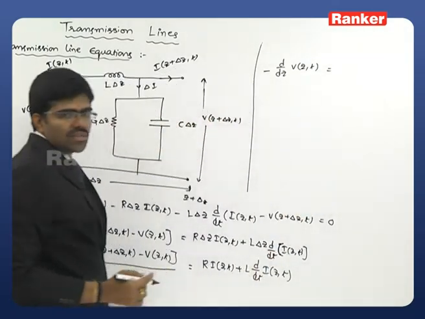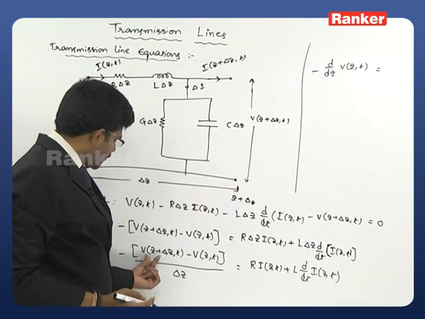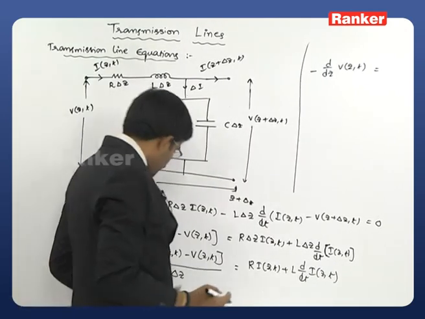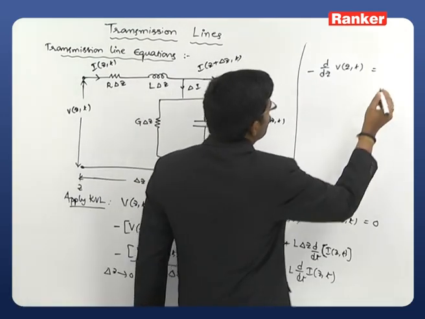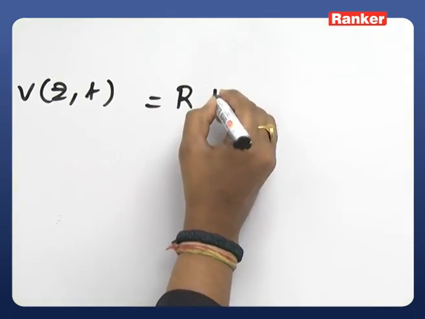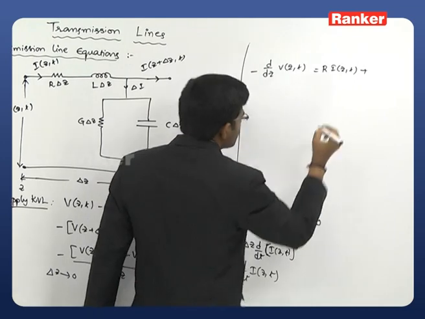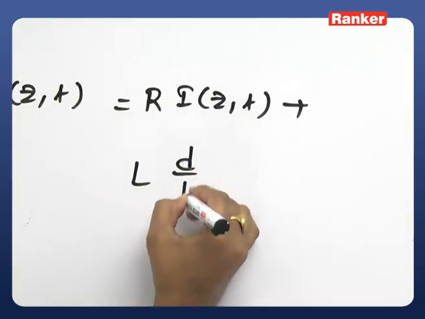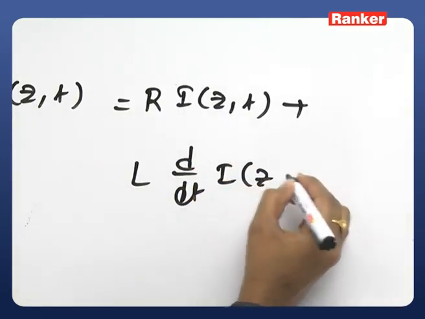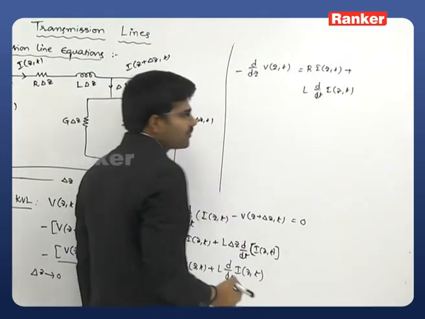The entire left hand side term is just a differential form of V of z comma t with respect to z, which is equal to r I of z comma t plus the next term, L d by dt of I of z comma t.